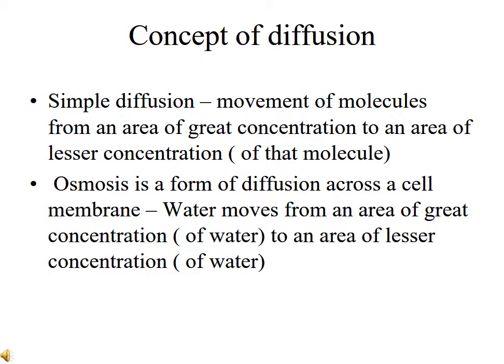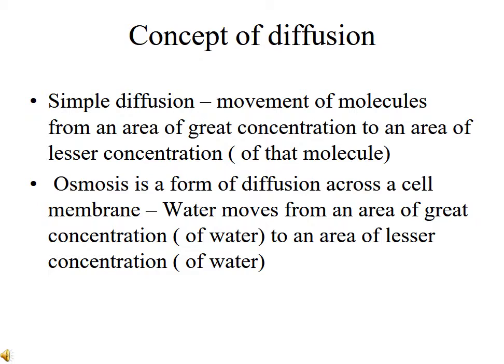Now, another type of simple diffusion is osmosis. Osmosis is a form of diffusion where we look at the movement of water molecules. The water molecules will always move from an area of high concentration of water to an area where the water is less concentrated.